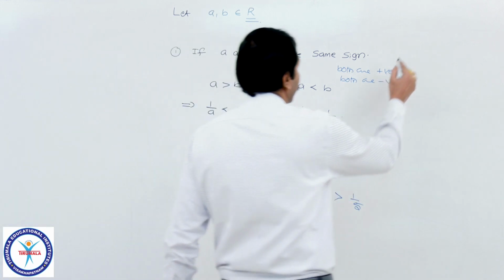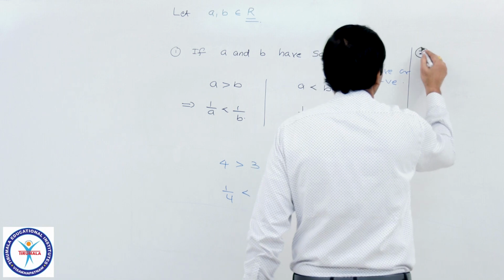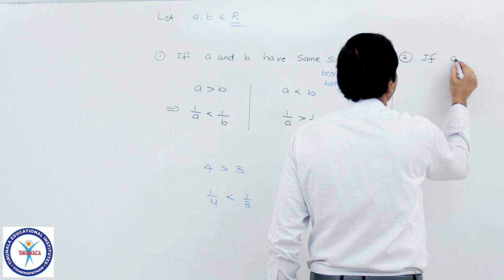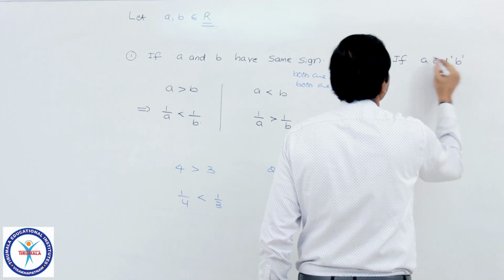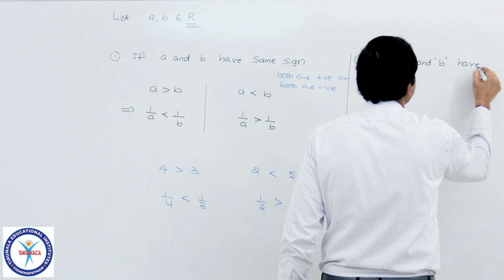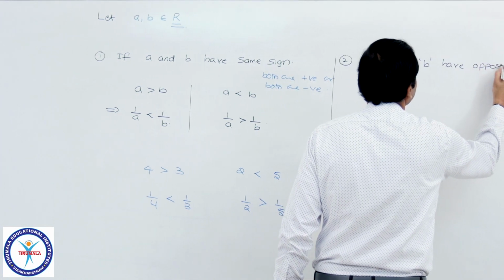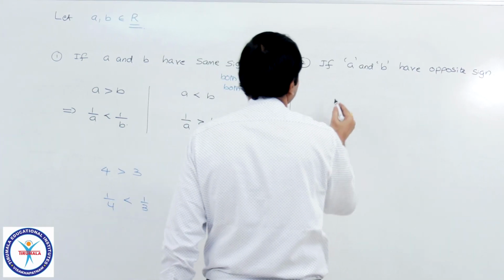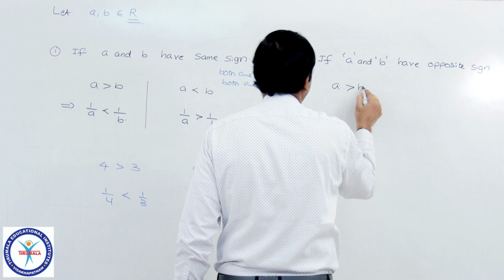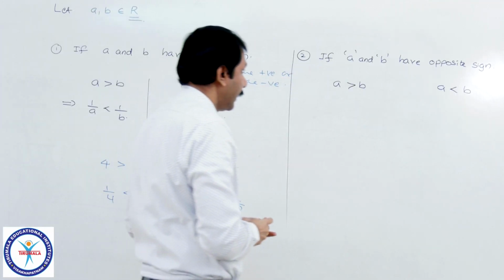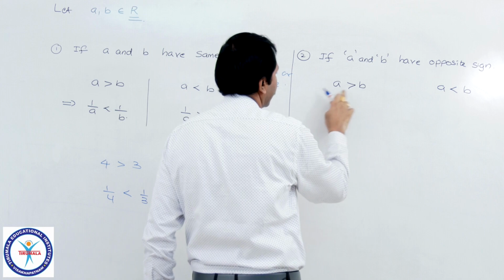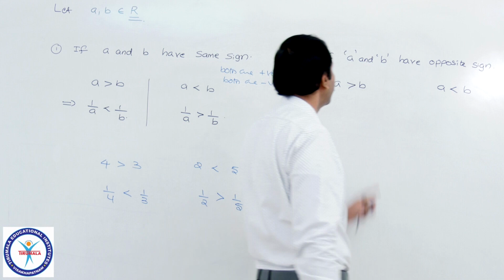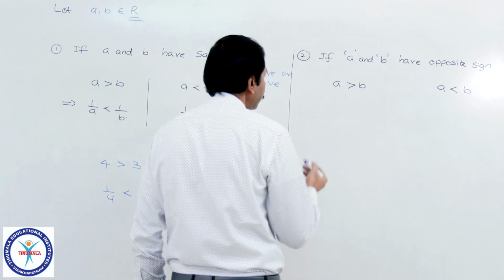And next, the second case. If A and B have opposite signs, one positive and one negative, it may be A greater than B or A less than B. Obviously, A must be positive and B negative, or B positive and A negative, that is, one positive and one negative.